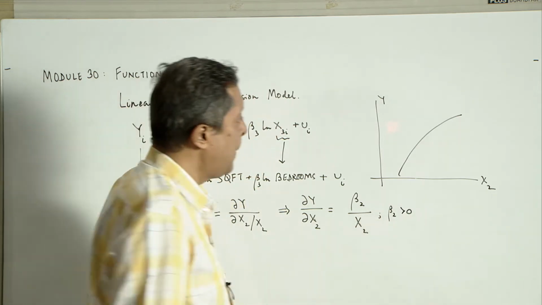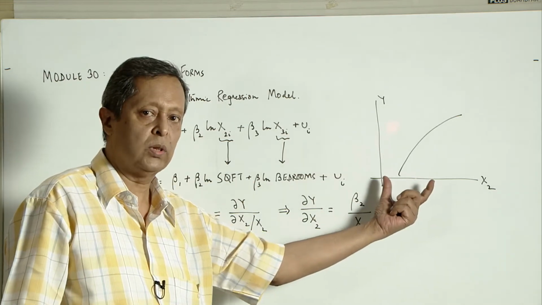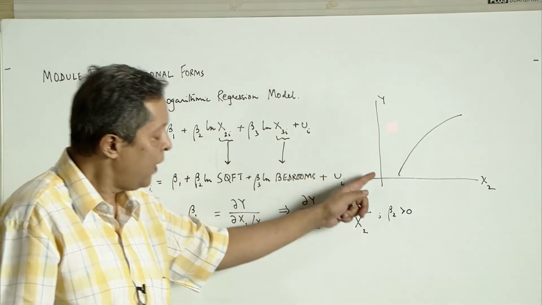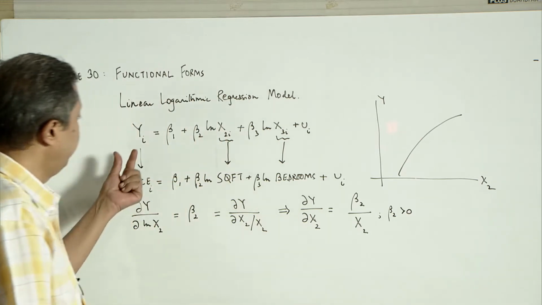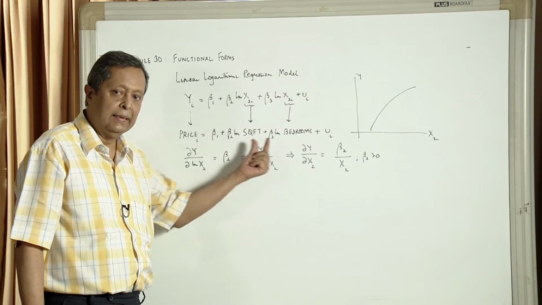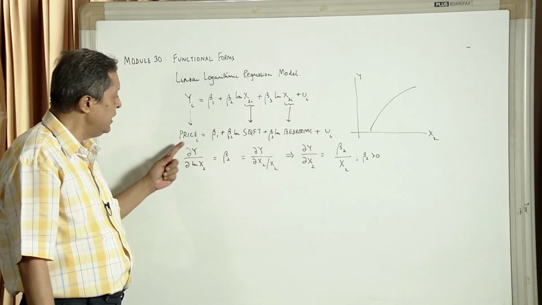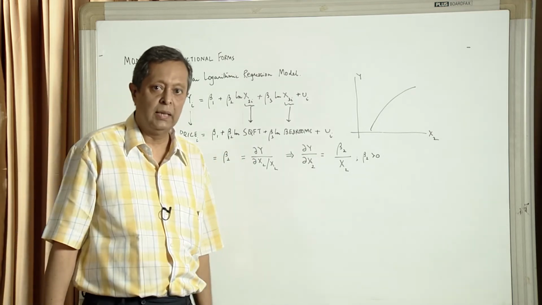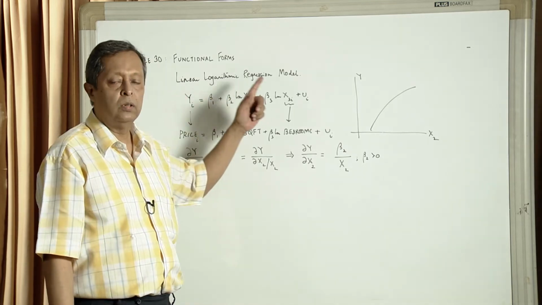So, it means the incremental price due to increment in square feet gradually decreases. The slope is not constant. So, the functional form is non-linear, but we can accommodate this functional form in the classical linear regression model, which is linear in the parameters. Let us now take a look at another example of lin-log models.